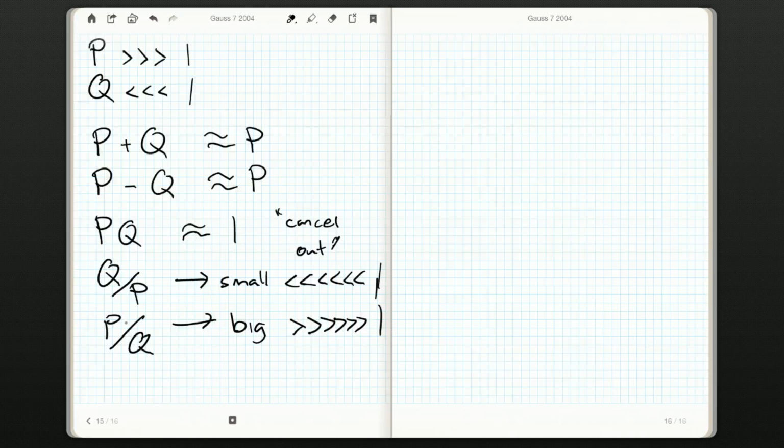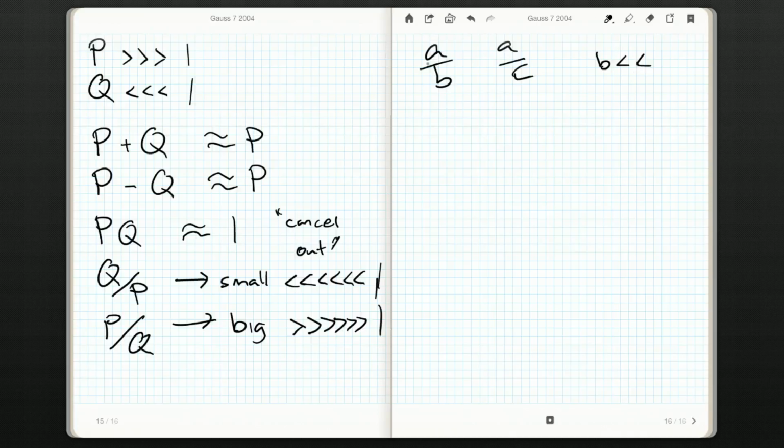General rule of thumb: if the tops are the same and you divide by the smaller number, that will be the bigger quotient. For example, if you had A over B and A over C, and you knew that B was less than C, then A over B would be your bigger one.